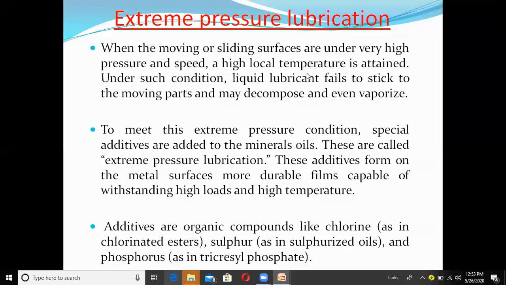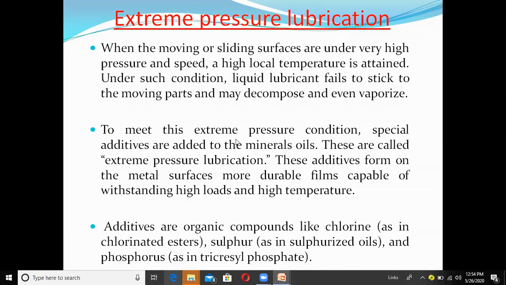In order to reduce this temperature, we can't use the liquid lubricant. Liquid lubricants fail to reduce the temperature when there is a high temperature due to the high pressure and speed. So in order to overcome this problem, we are going to use some additives.